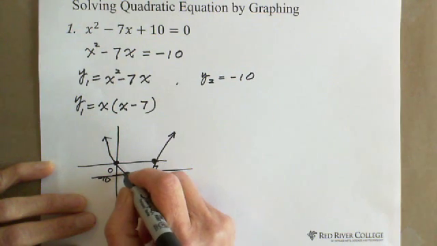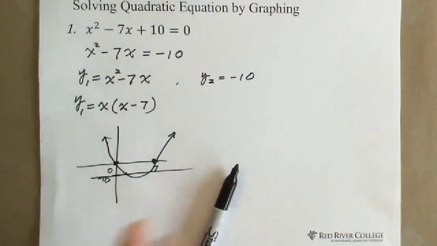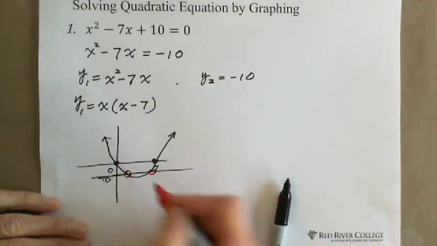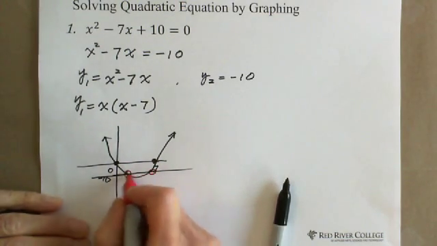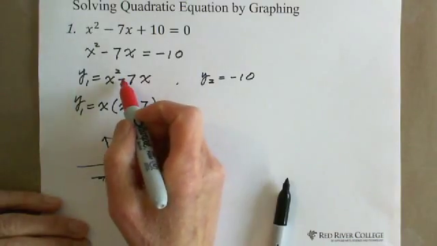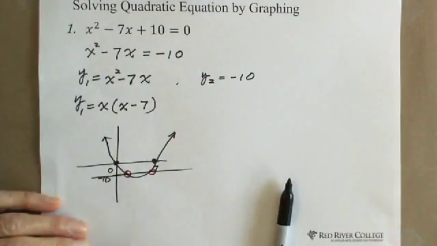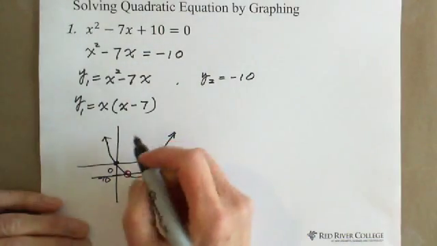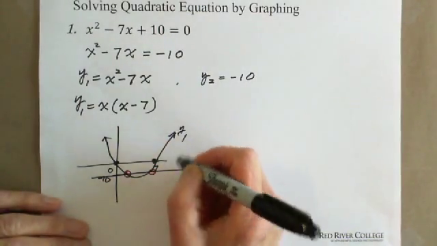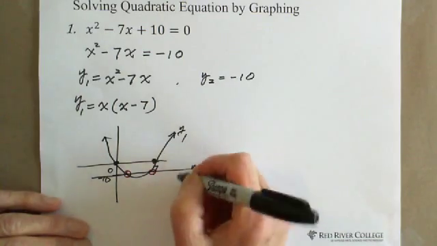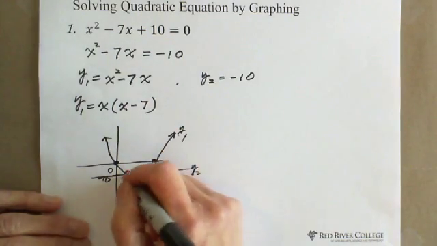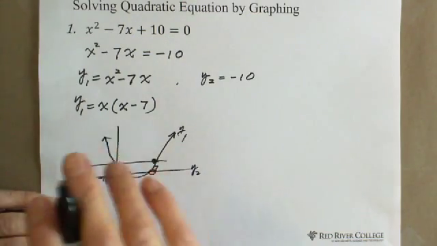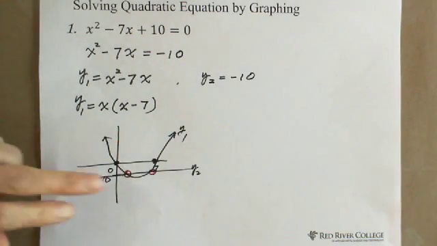These two meet at this point and this point. And these two are the solution because y1 equals y2, which is x squared minus 7x equals negative 10. So this one is y1, this is y2. They meet together, that means equal. These 2 points are the solution. This is my idea. So on the next page I will show you how to graph it.